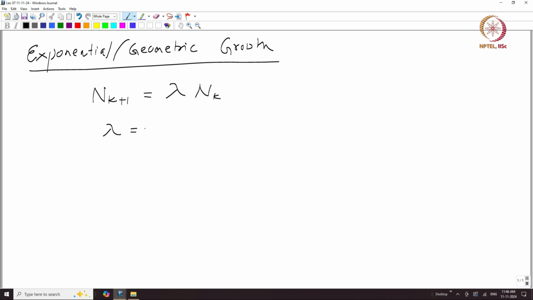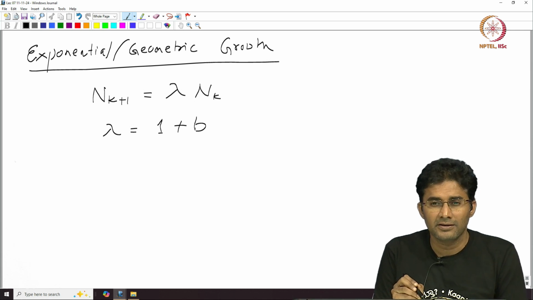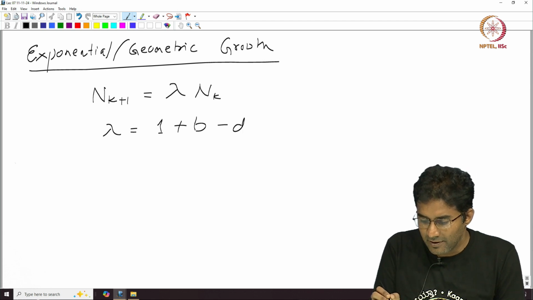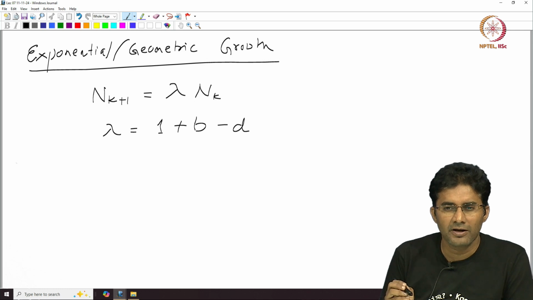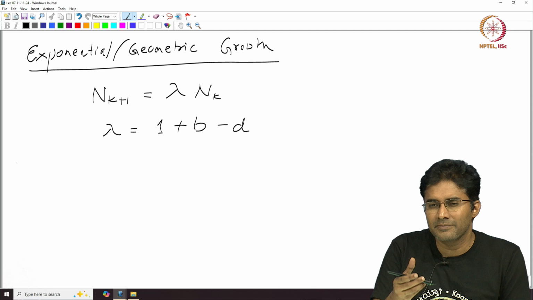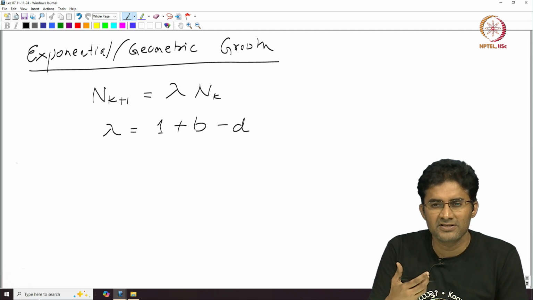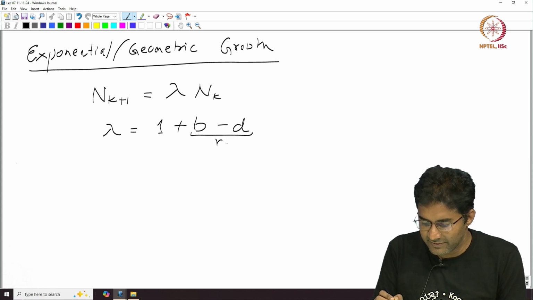This lambda contained the following terms: 1, which represented the current population, and a term b that captured the number of offspring that were born to each individual, minus d that captured the probability of death of an individual in this one discrete unit time. And we also write this as Rd.